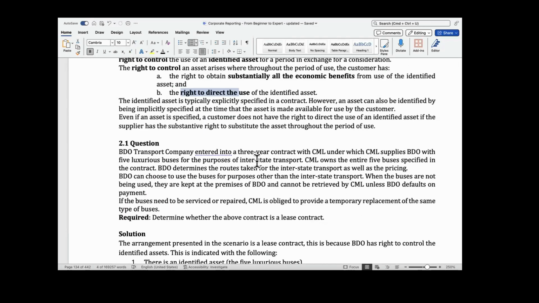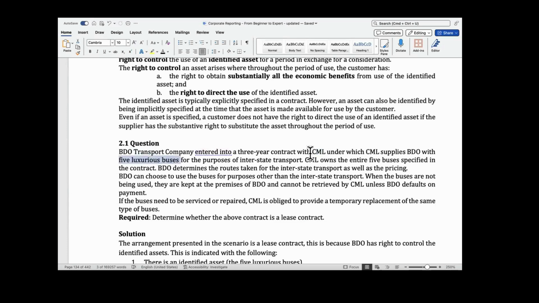If you see a contract like this, where they gave us a transport company called BDO, which entered into a 3-year contract with CML, under which CML supplies BDO with 5 luxurious buses for the purposes of interstate transport. So the identified asset here is 5 luxurious buses.